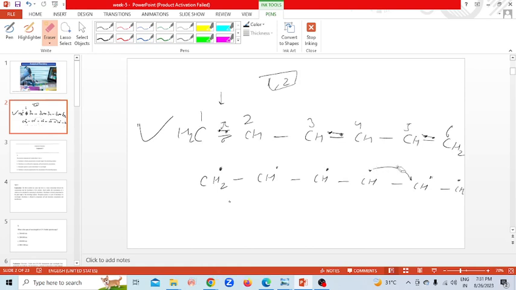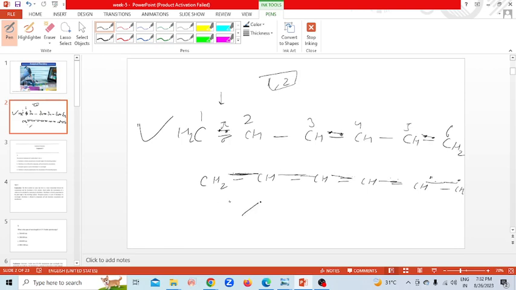This type of confusion can be removed if we say that the double bond is partial here also, meaning we are not sure where the double bond is, so it can be with carbon 1 and 2 or 2 and 3. Similarly here. So overall, the electron cloud is spreading in this carbon chain. This is called conjugation.